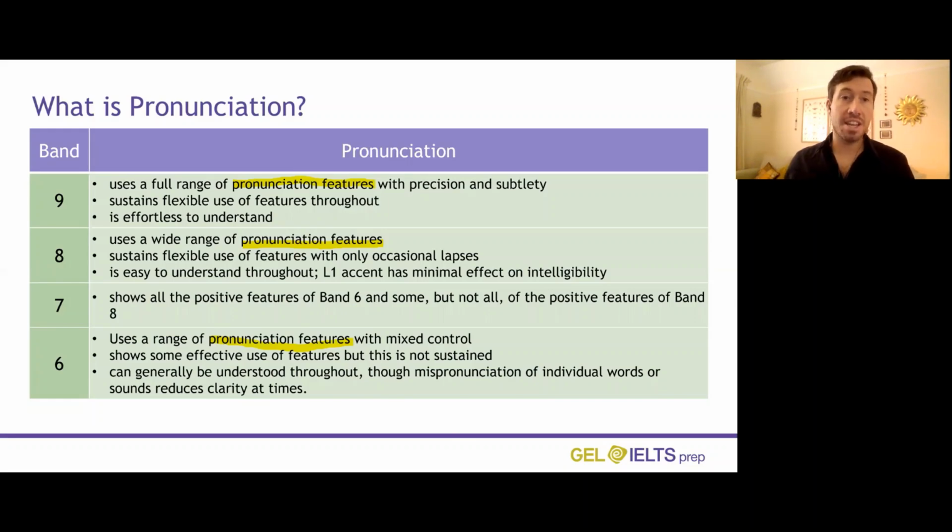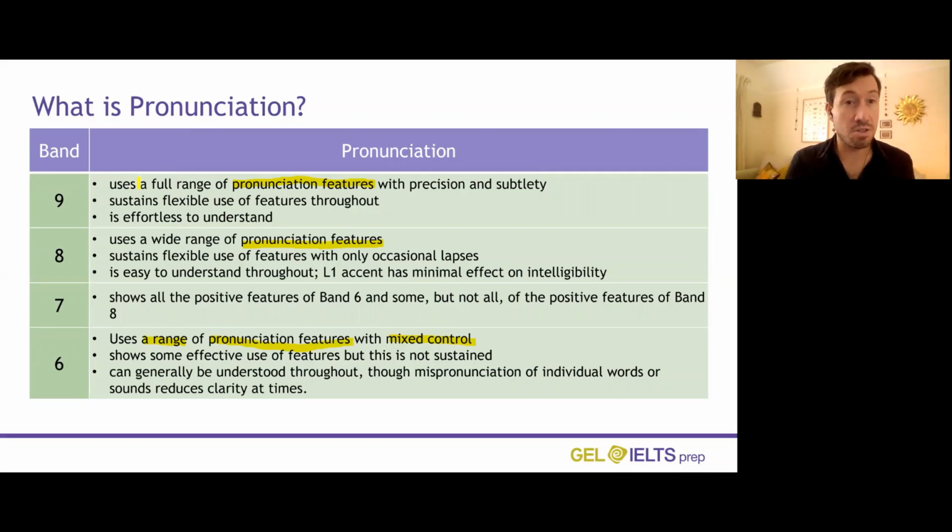Now, depending how many of them you show gives you a higher or lower mark. So look here, it says uses a range of pronunciation features with mixed control. So sometimes you can control them, sometimes you can't control them. If you make some pronunciation mistakes with these features, you're going to get something around a 6. If you make lots and lots of mistakes with pronunciation, you're going to get a much lower mark.